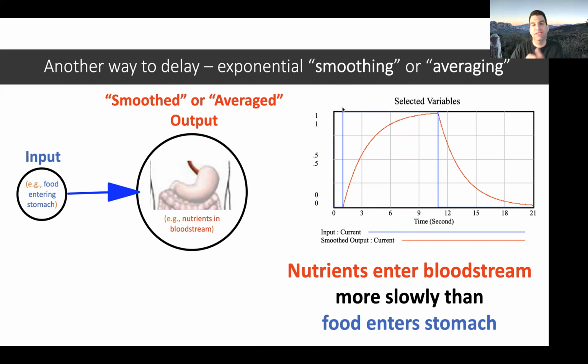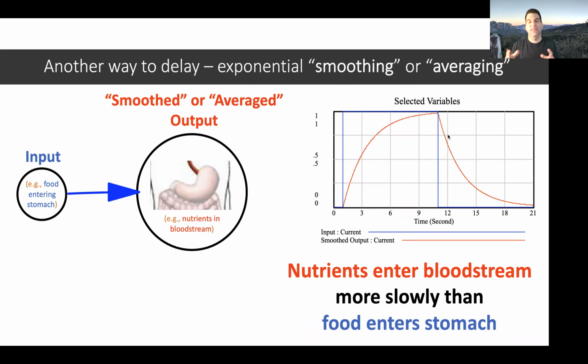Now, some of the food in your stomach is going to immediately be absorbed into the lining of your stomach and reach the bloodstream, the nutrients into that, but a bunch of it is just going to sit there and wait. And so even though that food might have taken you a few seconds to eat and swallow, it might stay in your stomach for hours, or an hour or something like that.